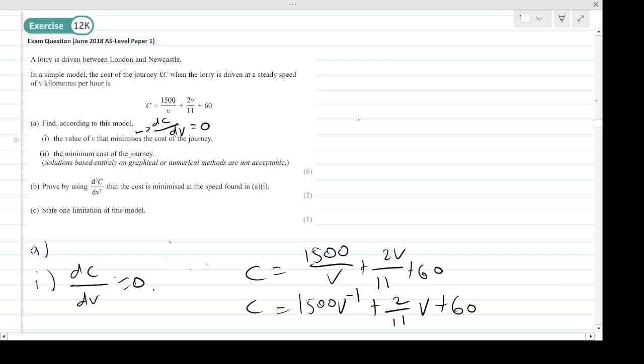Then it says to find the minimum cost of the journey. So we found the value of v, and for the minimum cost, which is c, I need to plug that v into my formula to get the minimum c value.